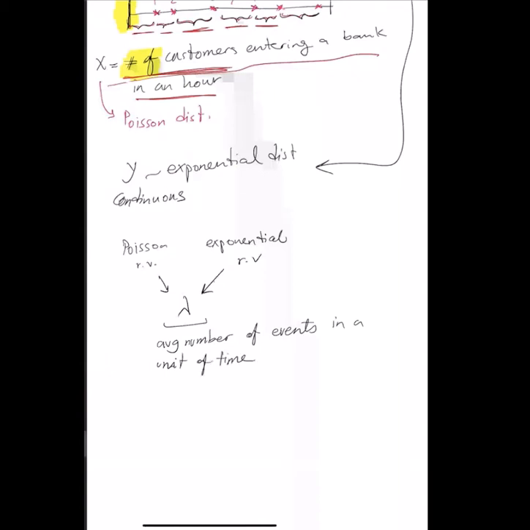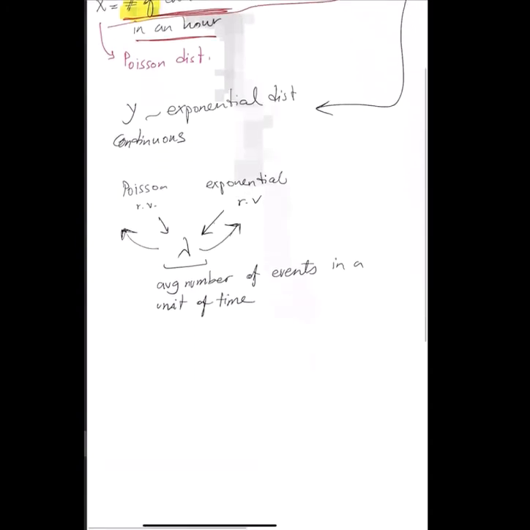It's the same lambda that we talked about in previous sessions, the same lambda used in the Poisson formula and in the exponential formula. In the Poisson, we say the probability that x equals some number, for example, the number of customers that enter the bank in 1 hour is 5, is e to the power of minus lambda, lambda to the power of x, over x factorial.